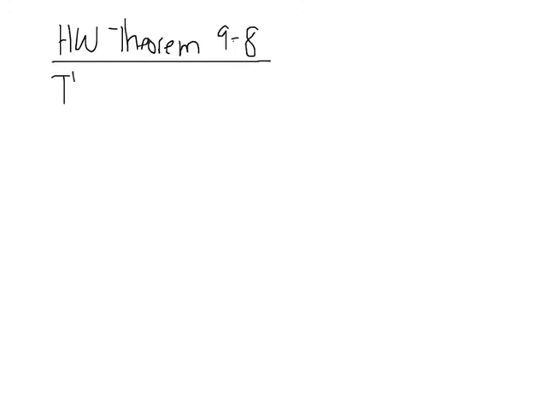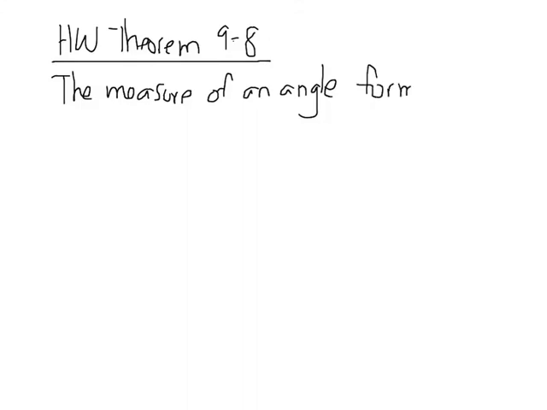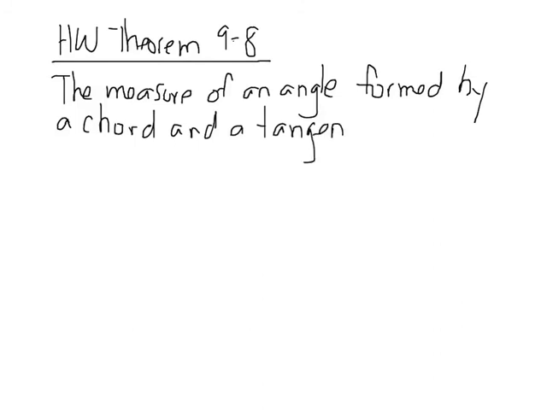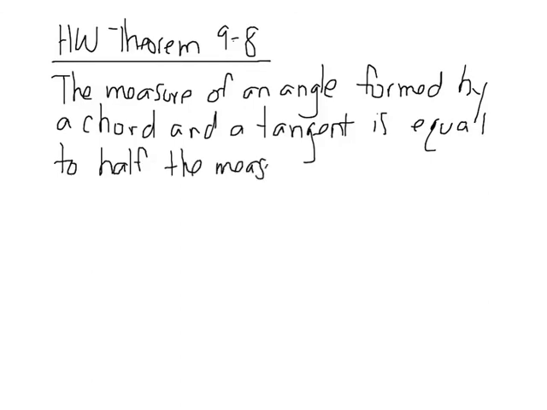The measure of an angle formed by a chord and a tangent is equal to half the measure of the intercepted arc.